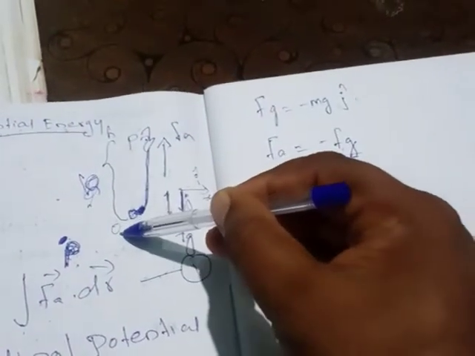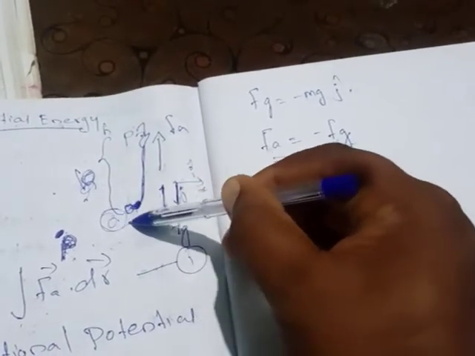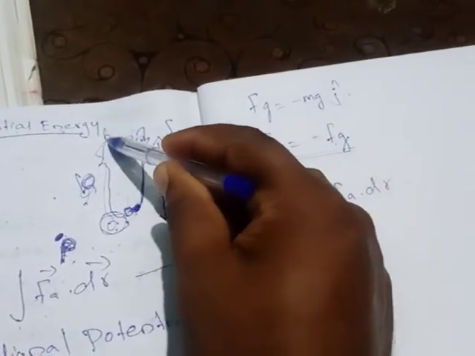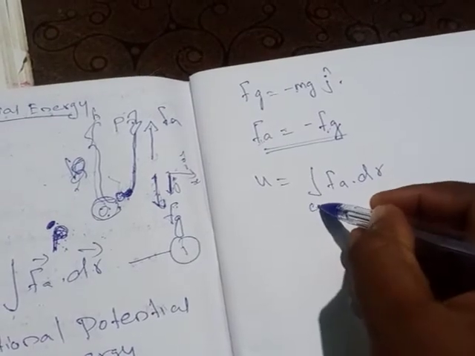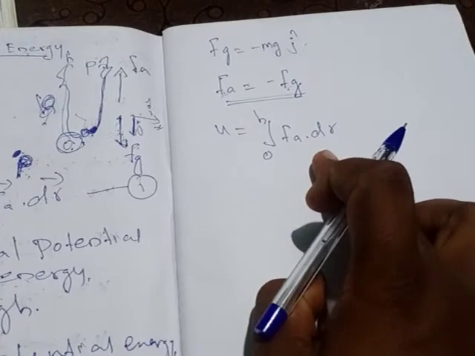The initial position is 0, so you can put the limit 0 to h, then you can integrate this.